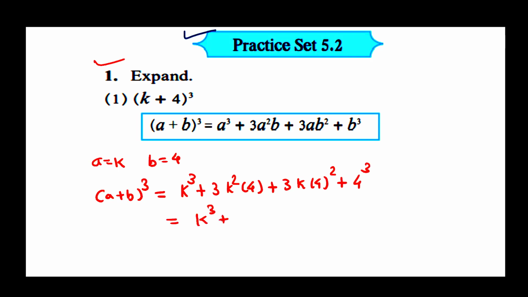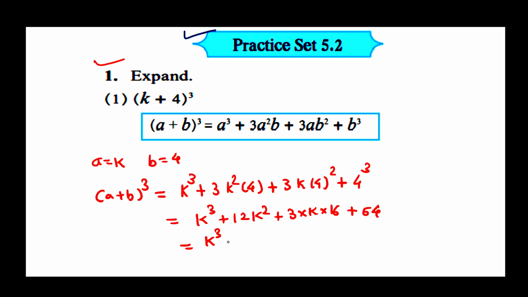k cube plus 4 and 3 चा multiplication करू, 4 3s are 12 k square, plus 3 into k means 3k multiplied by 4 square means 16, plus 4 cube. 4 multiplied by 4 means 64.